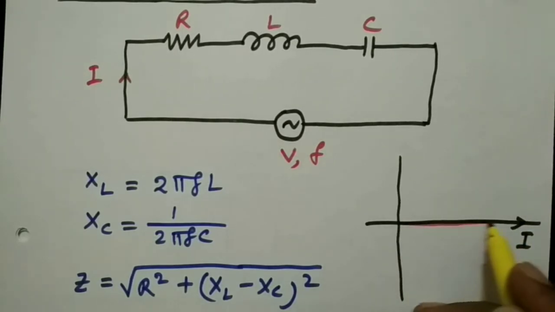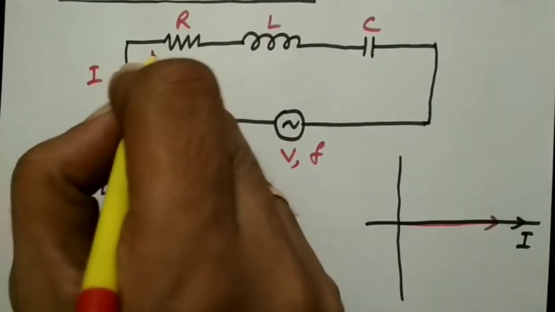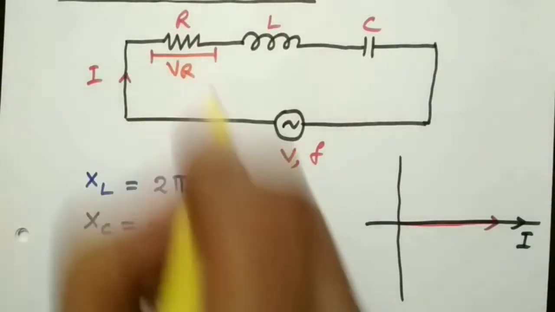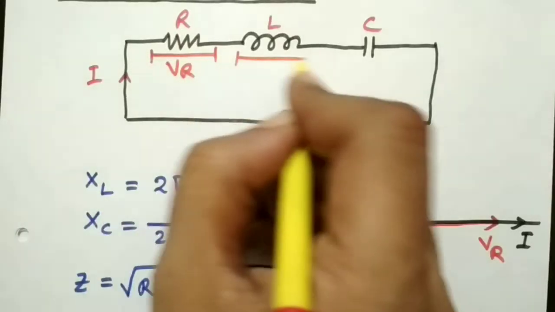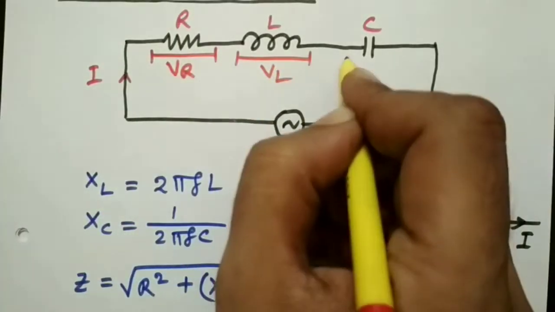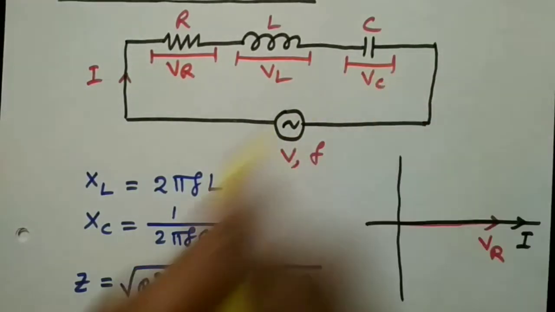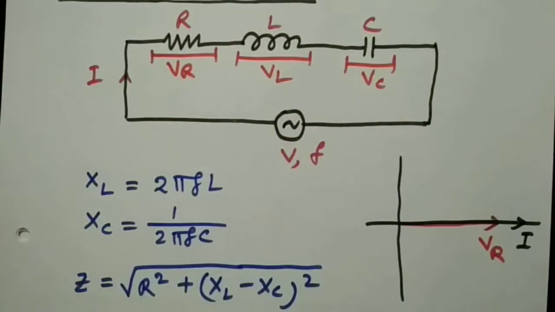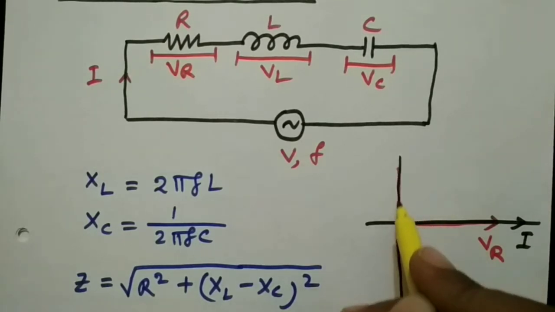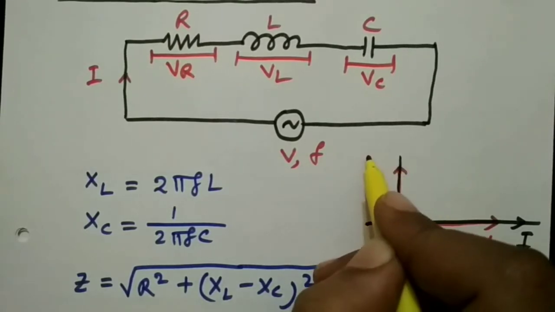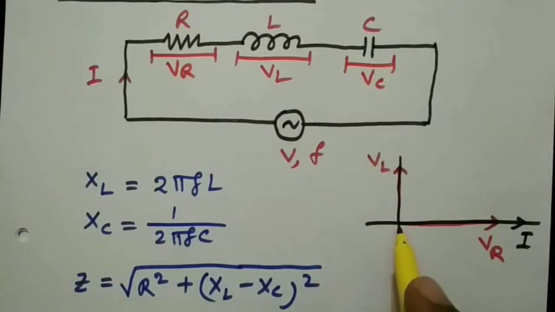The voltage drop across the resistor, that is VR, should be in phase with the current. The voltage drops across the inductor and across the capacitor, VL and VC: VL will be leading the current by 90 degrees and VC will be lagging the current by 90 degrees.